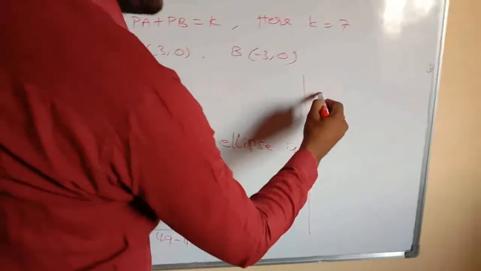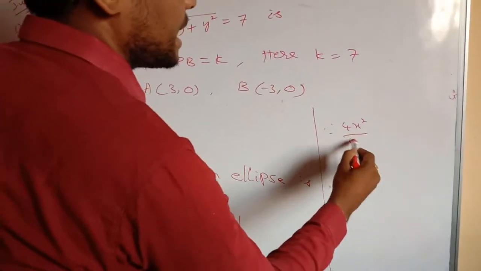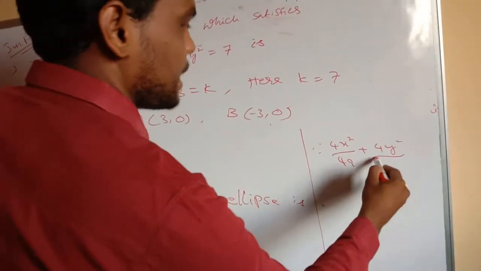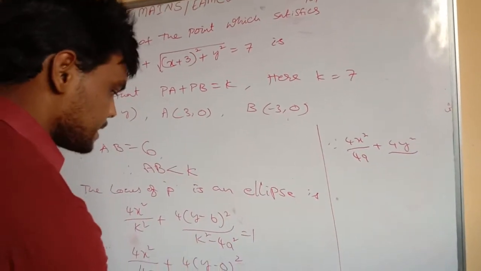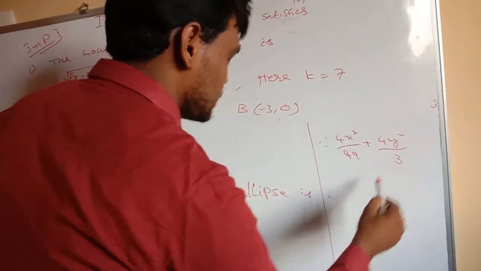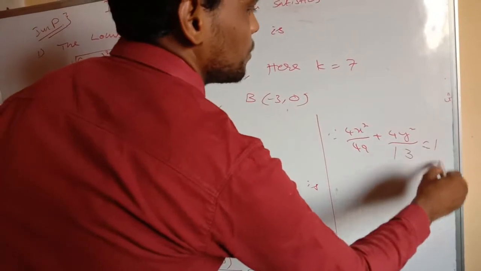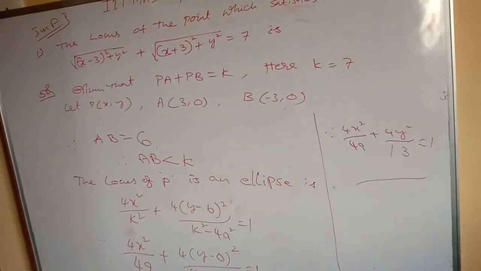Therefore, 4x² by 49 plus 4y² by 49 minus 36 is equal to 1. This is the required locus of P.